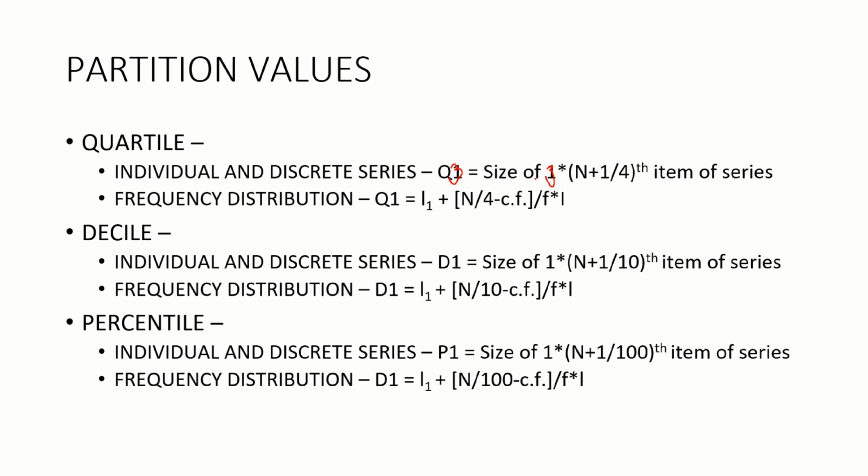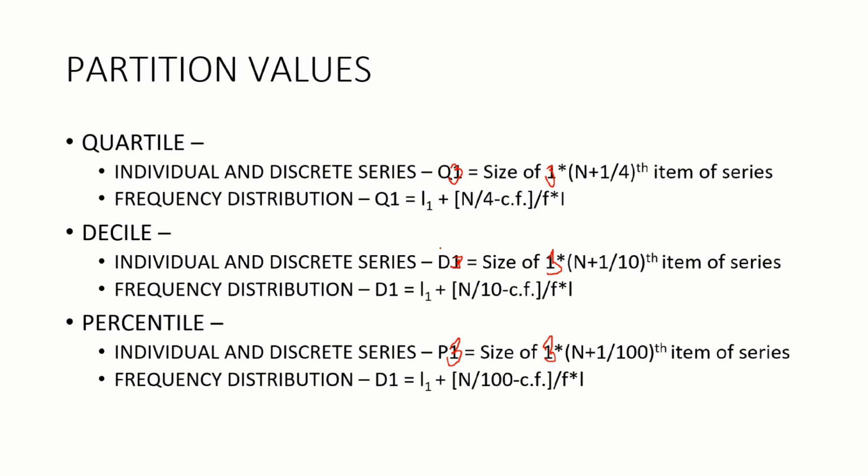Q3 is equal to the size of 3 multiplied by this very same formula. Same is applicable over here and on the percentiles. Again I say, do not think that I had written wrong. It is just an alternate example that I'm writing upon.